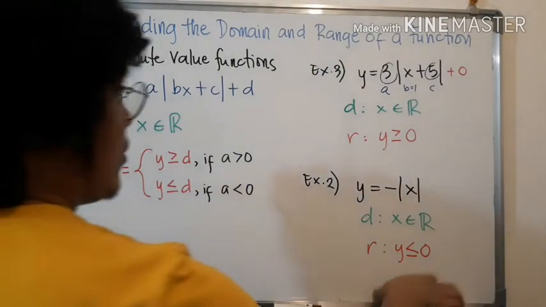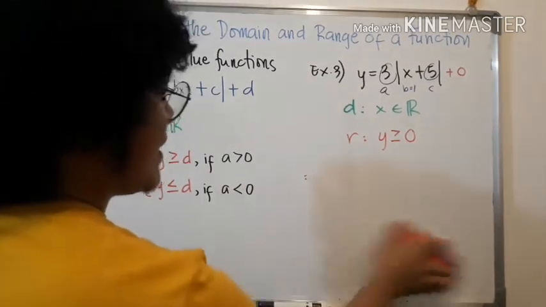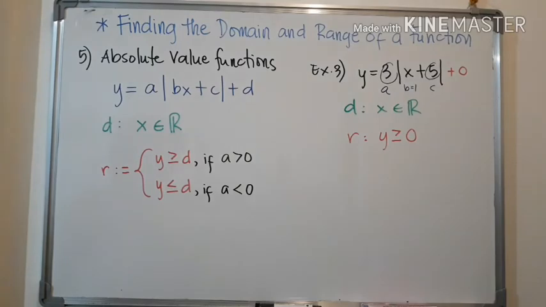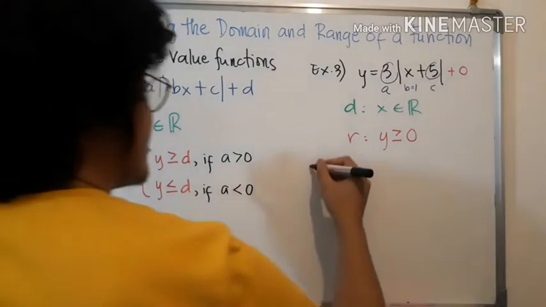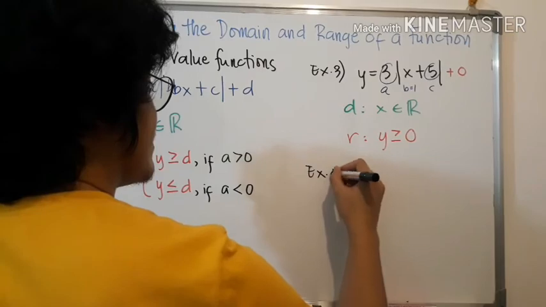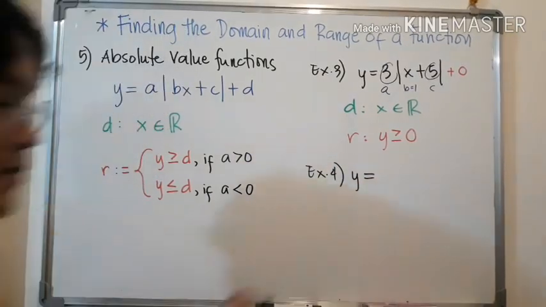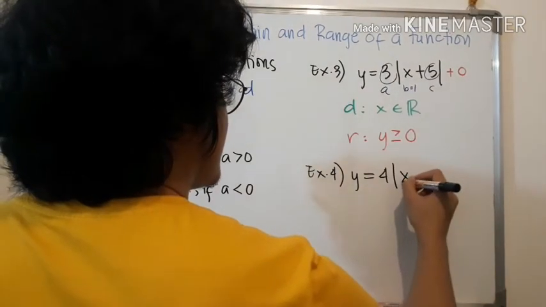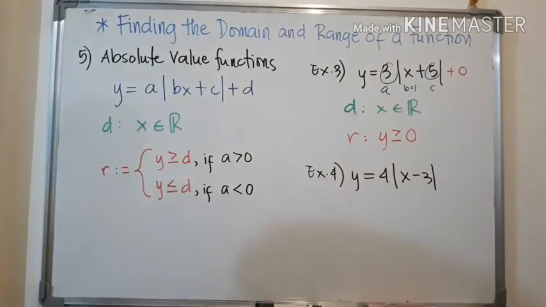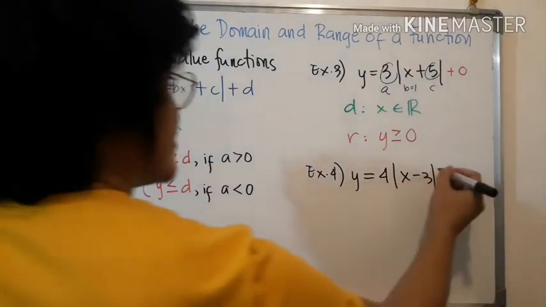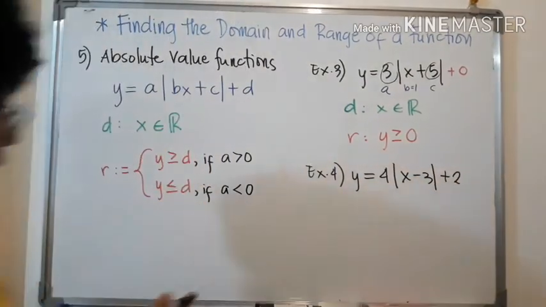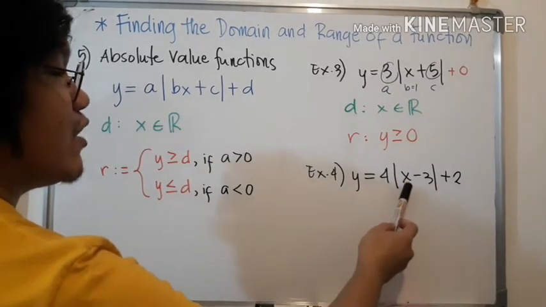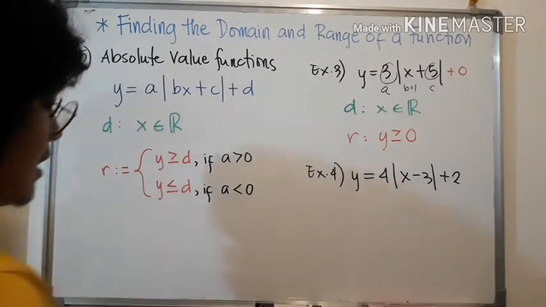Let's have example number 4. Okay, so we have y is equal to 4 times the absolute value of x minus 3, plus 2.